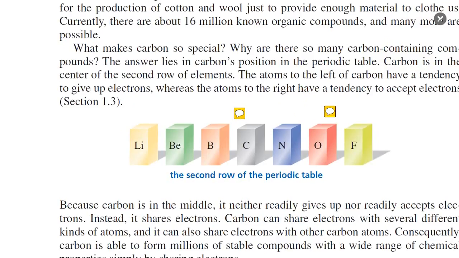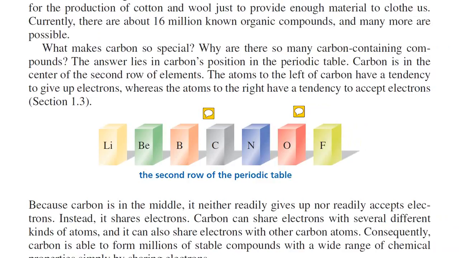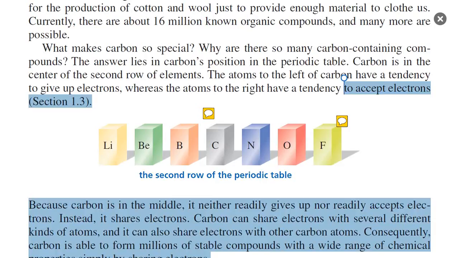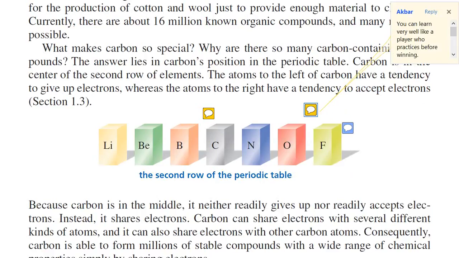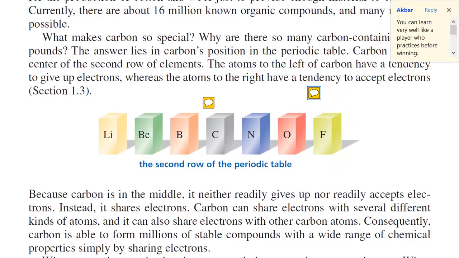If you're talking about the atoms on the right side of carbon, fluorine is the most electronegative, it loves electrons more. They're lovers of electrons, not haters. They say, come on, electron, we love you, come sit with us. So these three atoms will accept electrons.